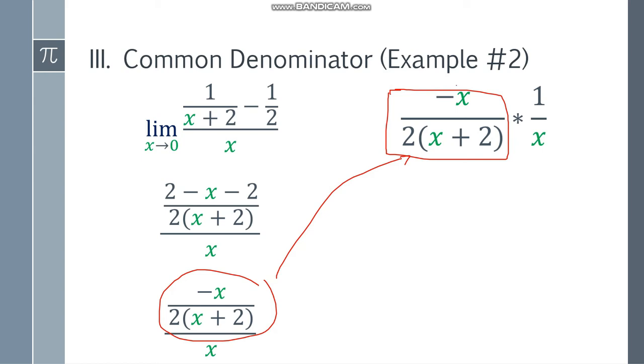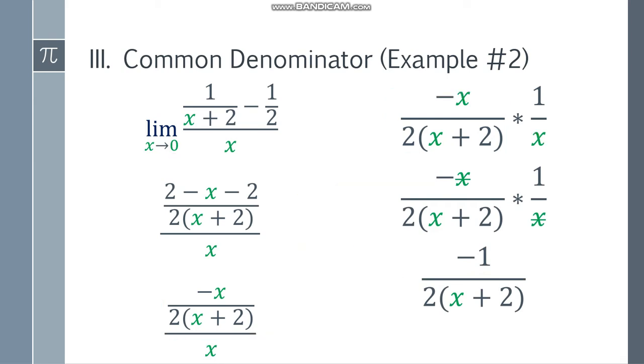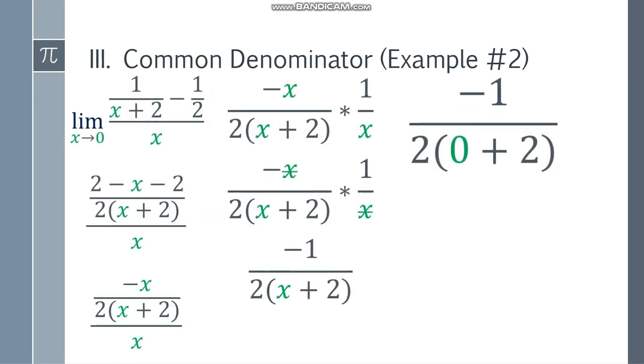And as you can see, we could cancel something like this one. Oh yes, thank you PowerPoint. Now we have negative times 1, negative 1 over the denominator 2 times the quantity x plus 2. We could now substitute 0 to the function. So we have negative 1 over 2 times 0 plus 2. And the final answer will be negative 1 over 4, or negative 1/4.